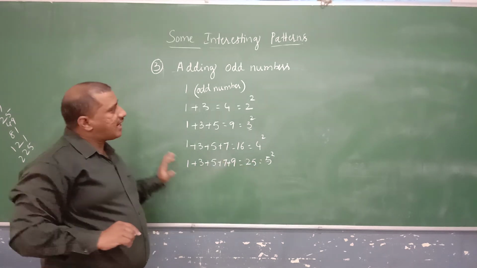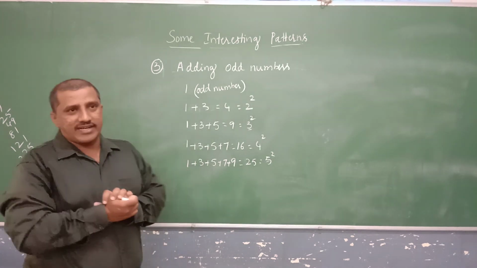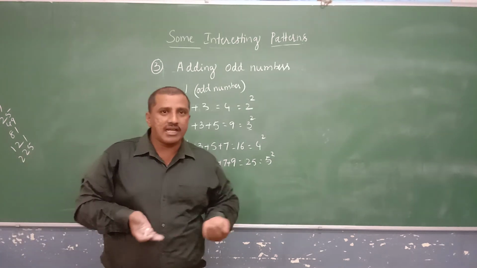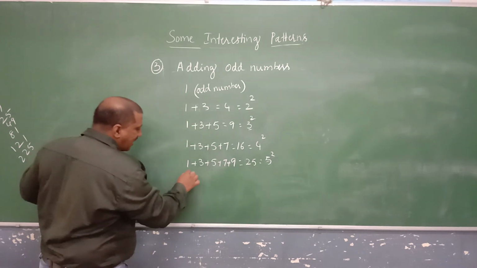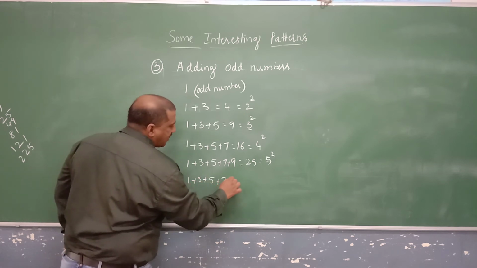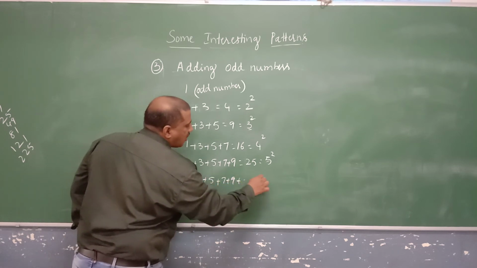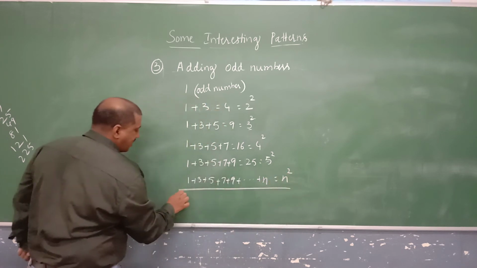So from this we can conclude that by adding odd numbers from 1 we get perfect square numbers. However many odd numbers we add, the square of that number is what we get. If you add n numbers, 1 plus 3 plus 5 plus 7 plus 9 and so on up to n terms, we get n square.